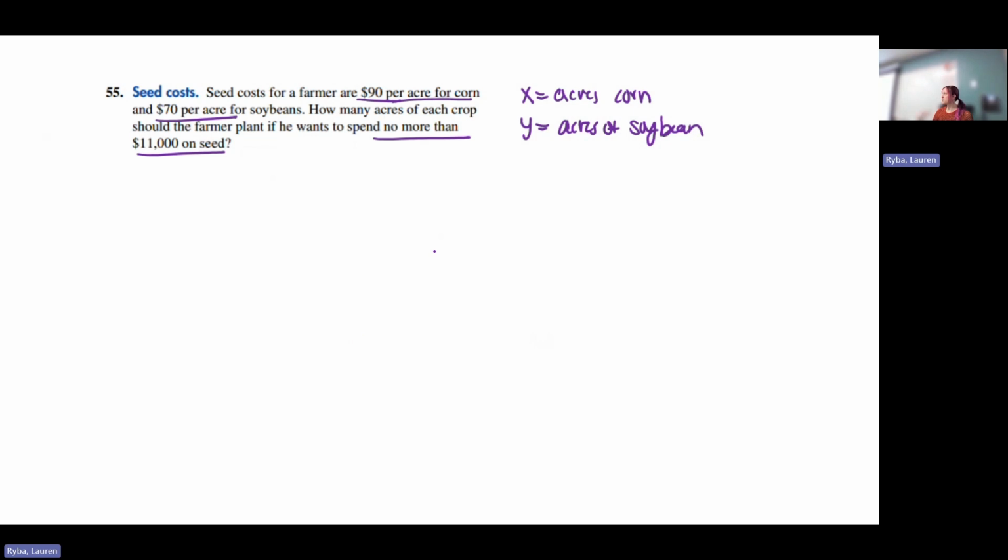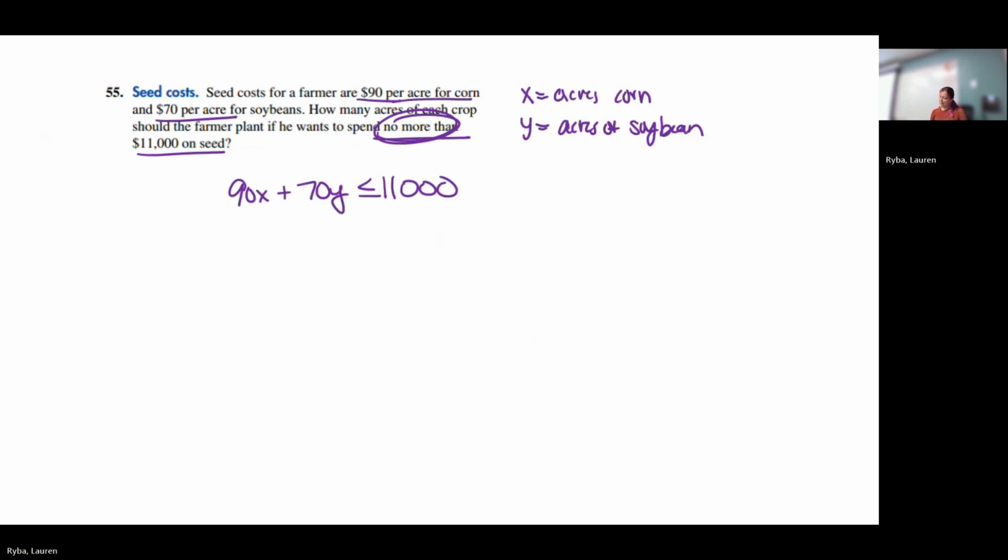It's going to be something X plus something Y, some inequality symbol, and 11,000. 90X plus 70Y less than or equal to. So no more than means I cannot go above 11,000, but I can equal 11,000.